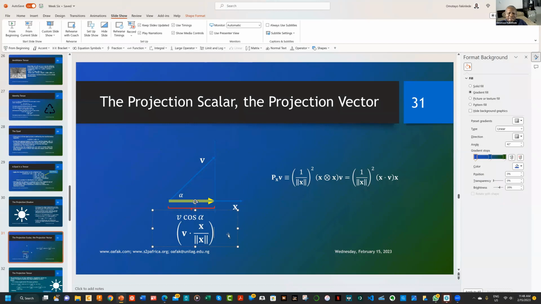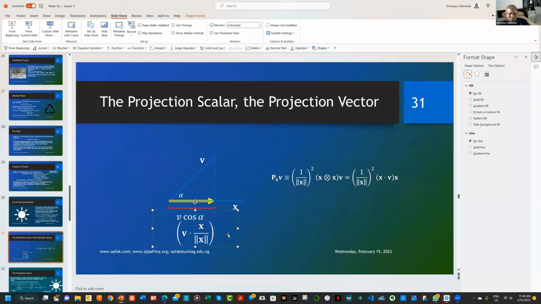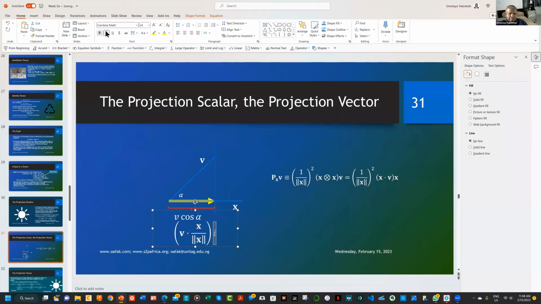Now, if I multiply that, what is the direction of this? What is I, which is the direction of this vector? You see, if you want to now talk about the vector, not just its magnitude, then you have to put the direction.